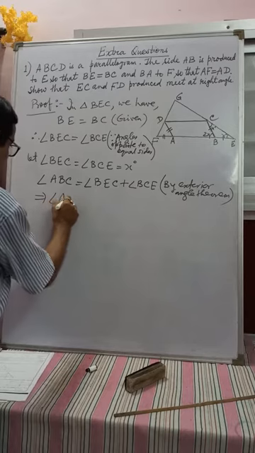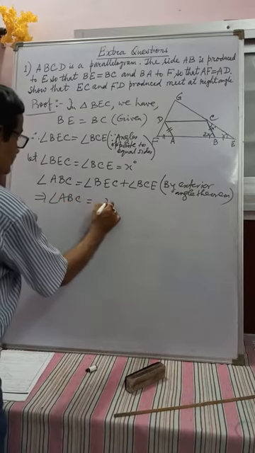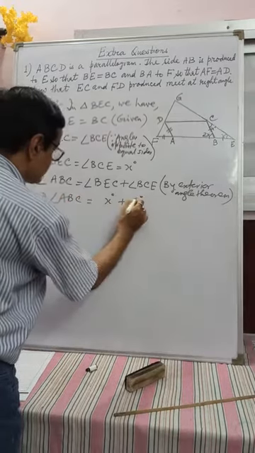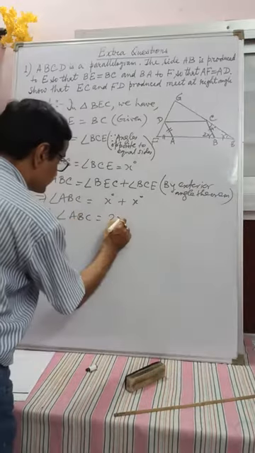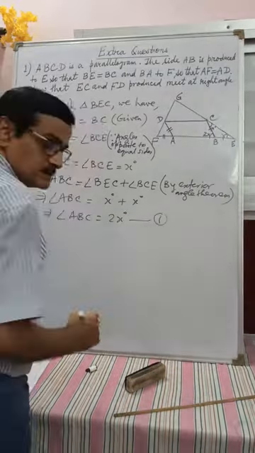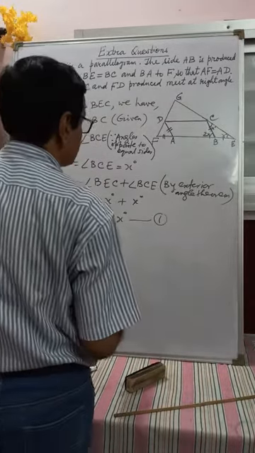So angle ABC is equal to x plus x, so angle ABC is equal to 2x degrees. Let us suppose it to be result 1.